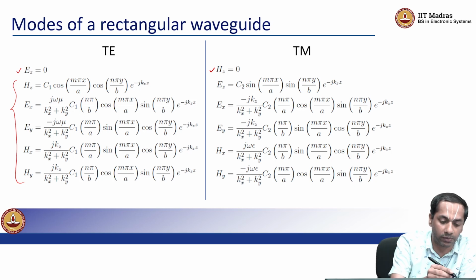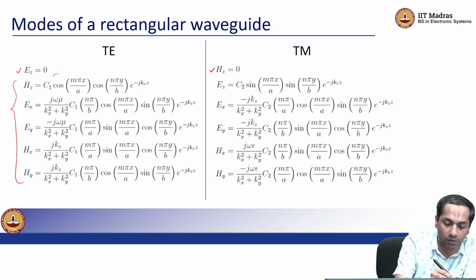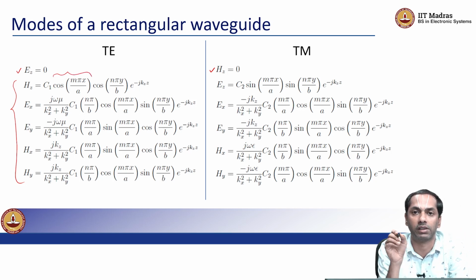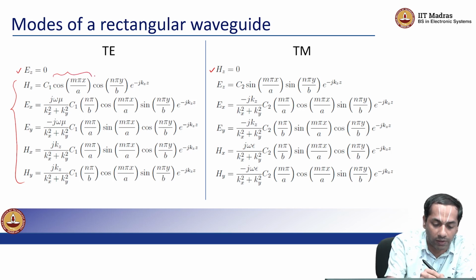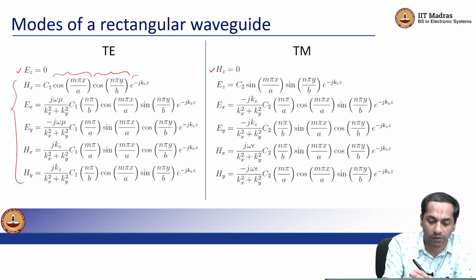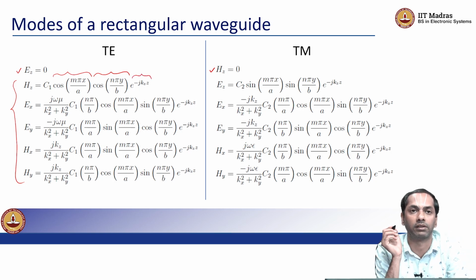We are seeing the same scenario here too, right. So, I am seeing one standing wave pattern along the x dimension, and then we have another standing wave pattern along the y dimension. So, the x and y dimensions are the bounded dimensions by the conductor, and then the z dimension is the propagation direction, right.